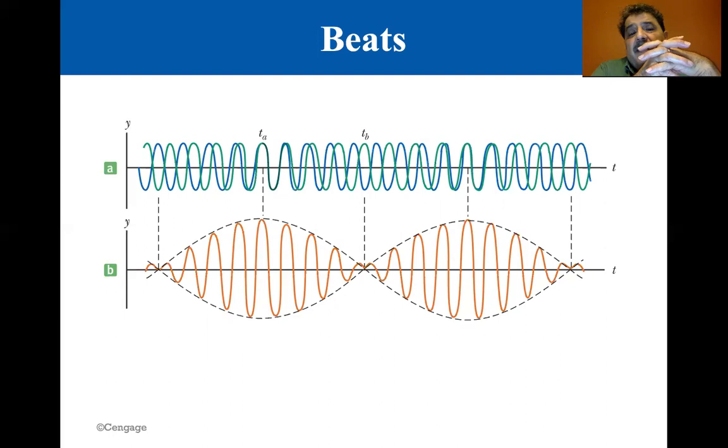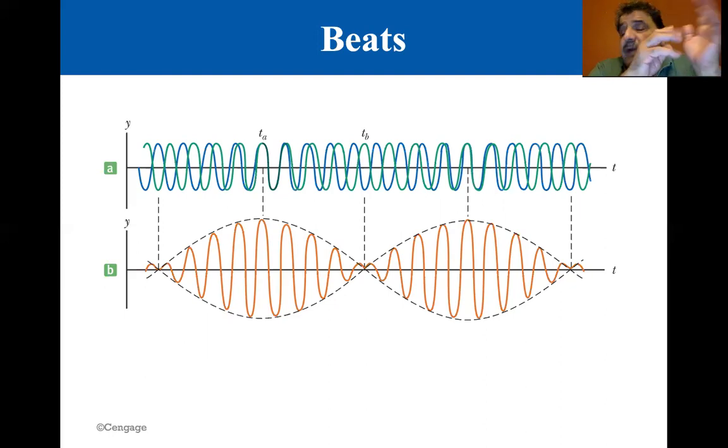I think I have a little demonstration video of beats. Basically it's just the frequency of one minus the frequency of the other. So let's just say we have a tuning fork at 1,000 and a tuning fork at 1,003. If we play them together, what would be the beat frequency?